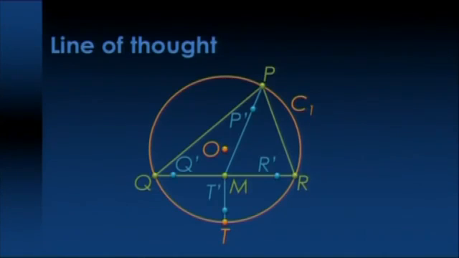We can show by considering similar triangles that P', Q', T', and R' are cyclic. So if we can construct T', P', and R', then we can use the ratio MP'/MP to construct the other two points.